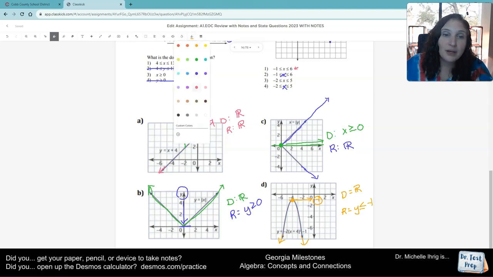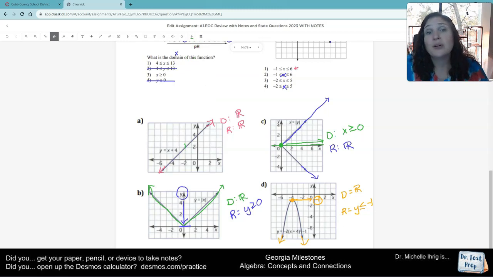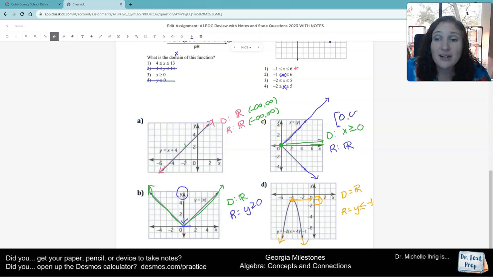Now, we just wrote it as inequalities. There's another way that you could write it. You could write it using interval notation. So all real numbers, super easy, -infinity to +infinity with curves, because infinity is limitless. Here, because it has 0 as the starting point, we would put 0 there. Because it's equal to 0, we put a hard bracket. And then it goes on forever.